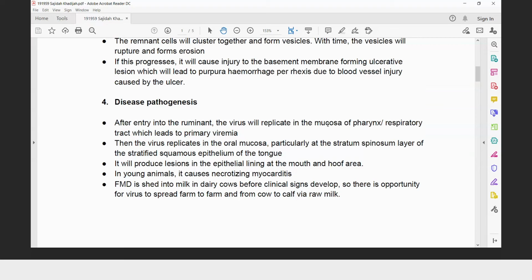Mucosa, nothing wrong, but to be more specific, they are actually in the lymphoid aggregates. Then the virus spreads to the oral mucosa, viremia, lesion area. Okay, it is correct. FMD can cause myocarditis. Clinical signs develop.